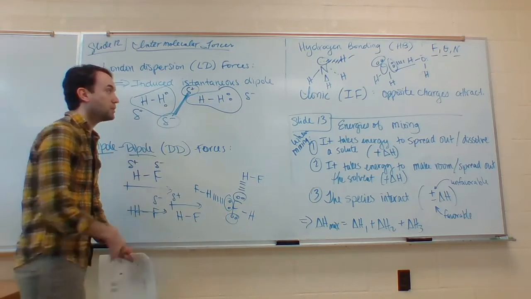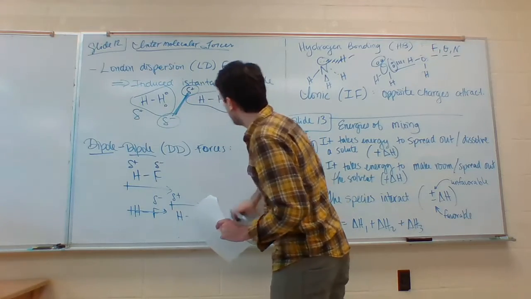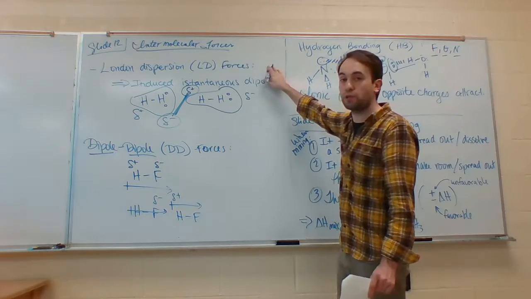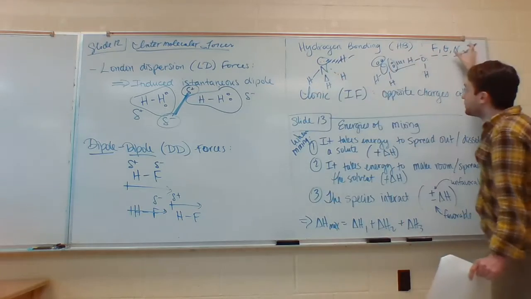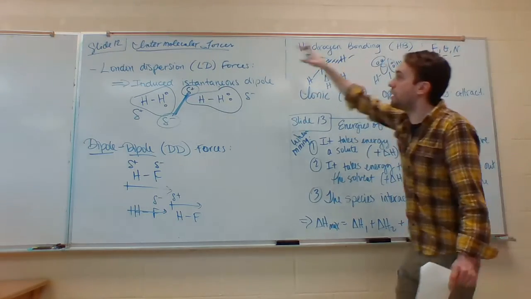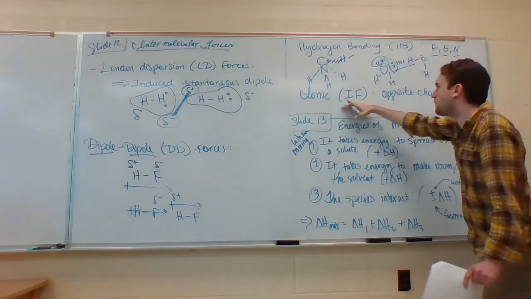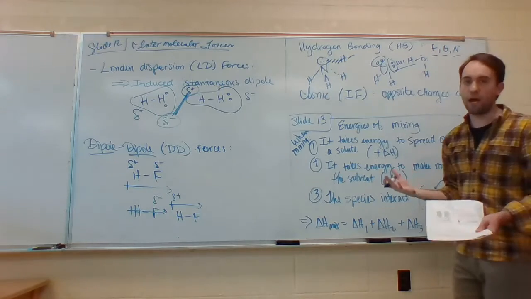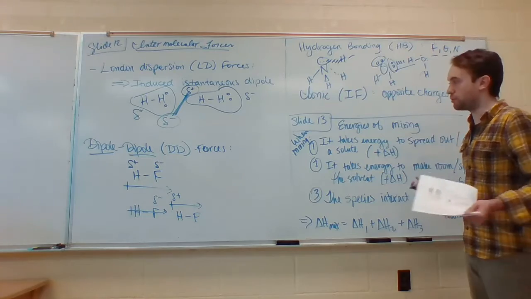Okay, so these are going to have increasing levels of effect. London dispersion forces are pretty weak, dipole are a little bit stronger, and hydrogen bonding is going to be the strongest of these three types of intermolecular forces. We also have ionic forces, which is basically, if you have ions, the opposite charges are going to attract and like charges are going to repel.